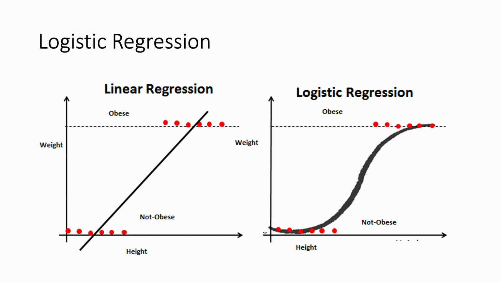Another reason to use logistic regression is that it doesn't assume a linear relationship between the predictor variables and the independent variable. That's not the case for linear regression.